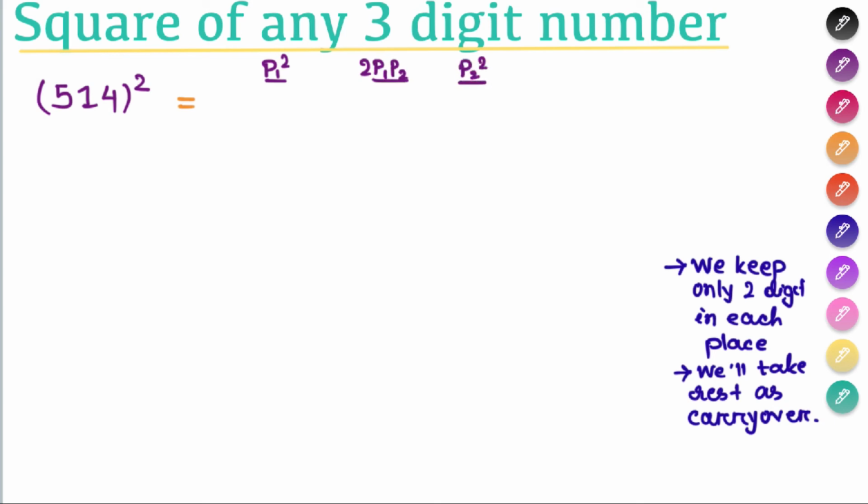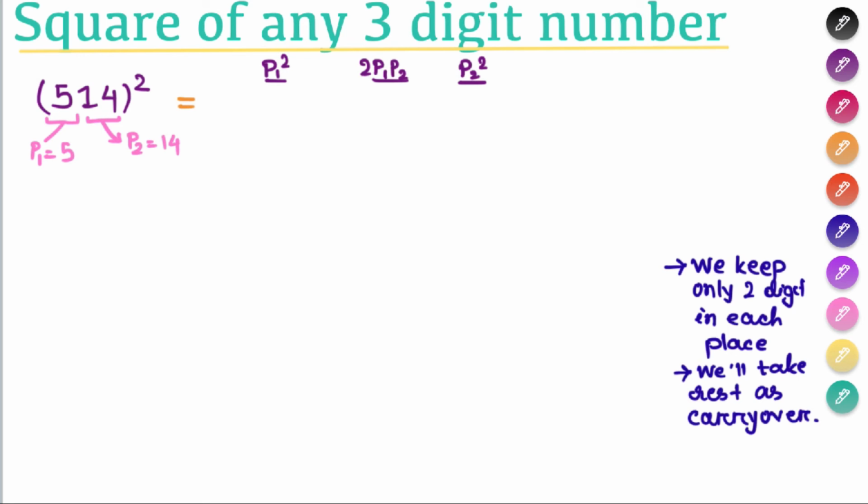The sequence is important. You cannot write P2 square in the middle. You have to write 2 P1 P2 in the middle and P1 square in the left side and P2 square in the right side. So what are P1 and P2? This is P2, which is equal to 14, and this is P1, which is equal to 5.